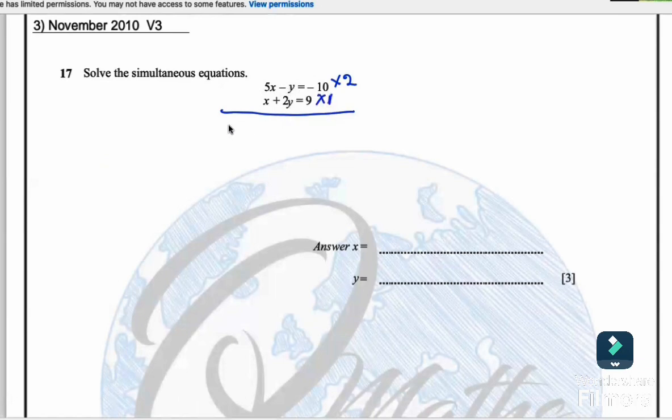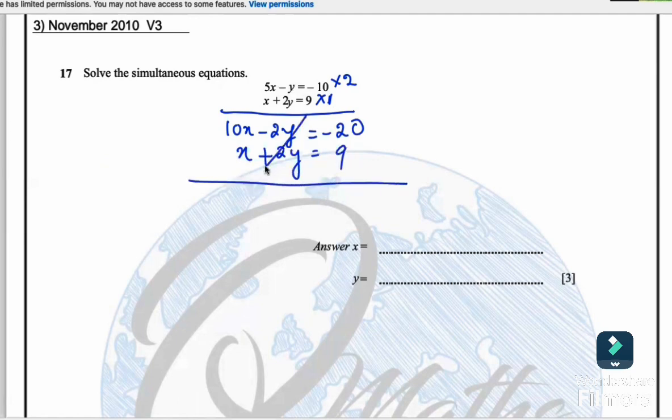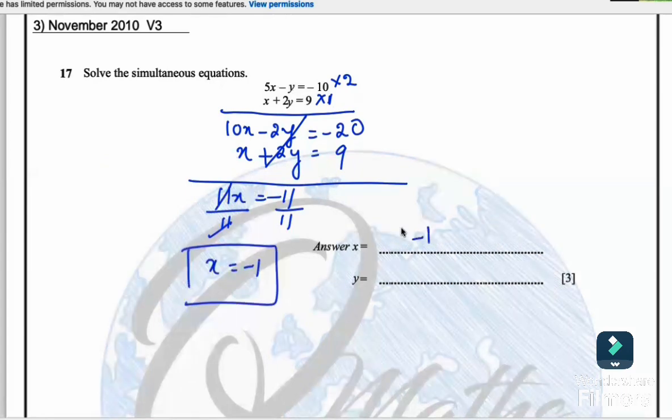Therefore, 10x minus 2y is equal to minus 20, then x plus 2y is equal to 9. As a result, you can cancel the y terms, and 11x is equal to minus 20 plus 9, which is minus 11. So divide by 11 on both sides. Therefore, x is going to be negative 1.